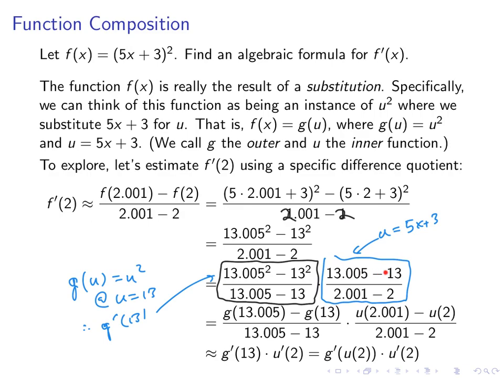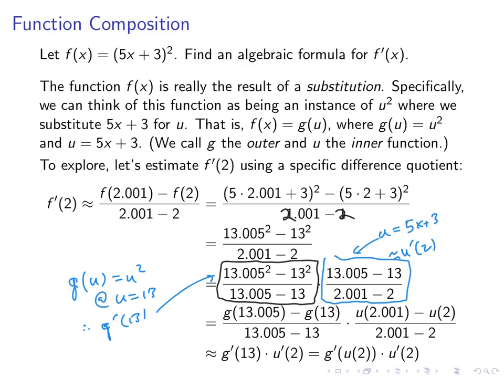So this is change in output over change in input for this function. And so we would denote that u prime at 2. And again, that's just an approximation. But it's a slope on the u curve at x equals 2. And so when we multiply those two things together, we're getting this approximation to f prime of 2.